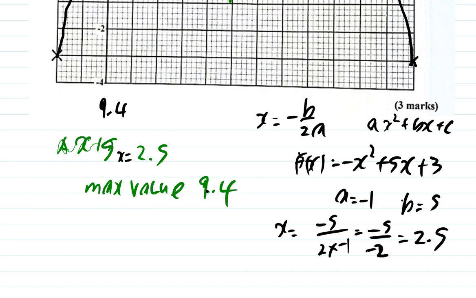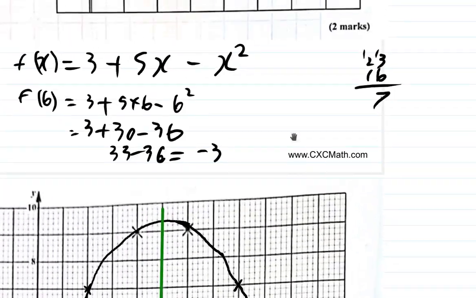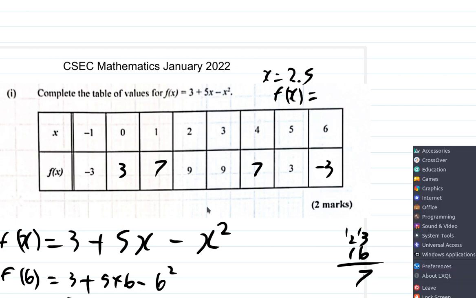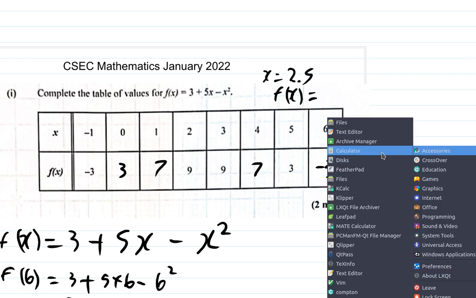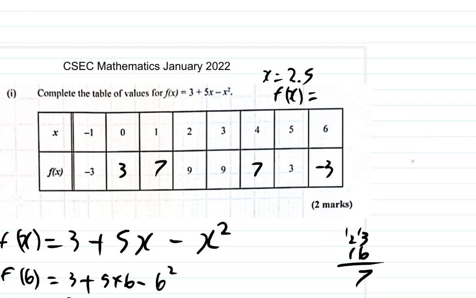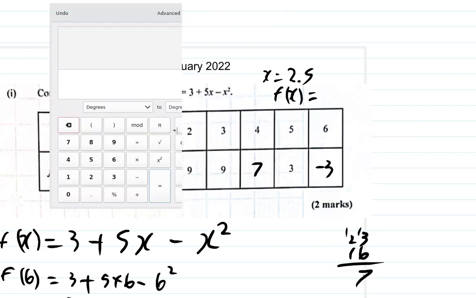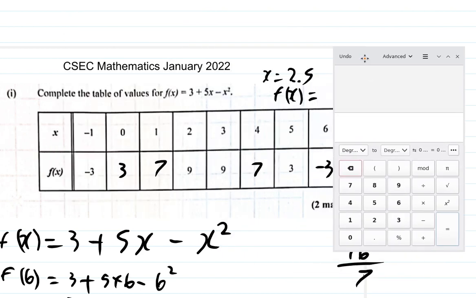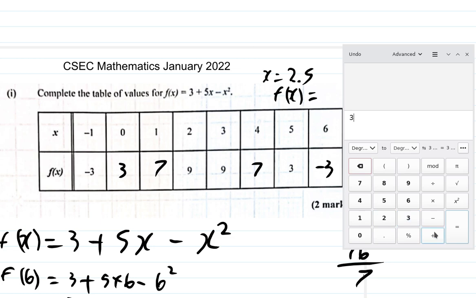At x equals 2.5, when x is 2.5, then f of x would be, so what you would get in that case would be 3 plus 5 by 2.5.